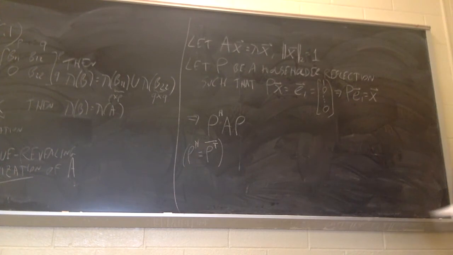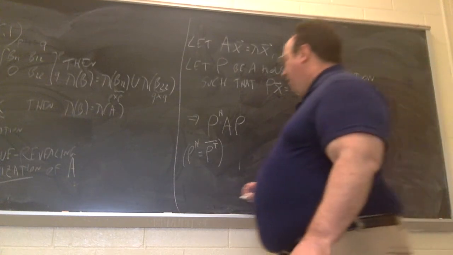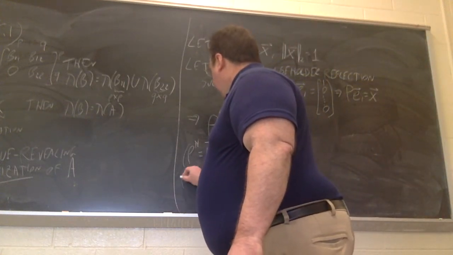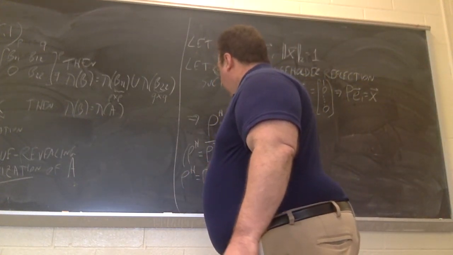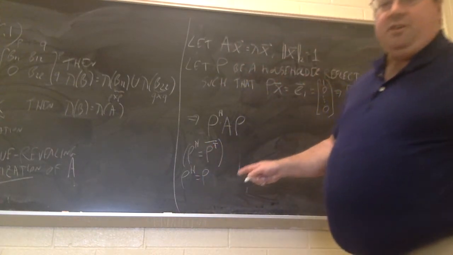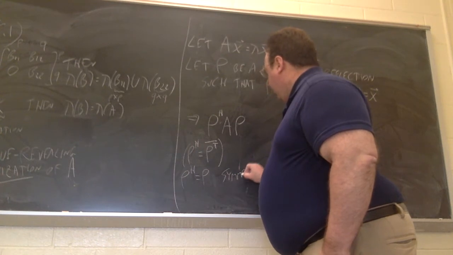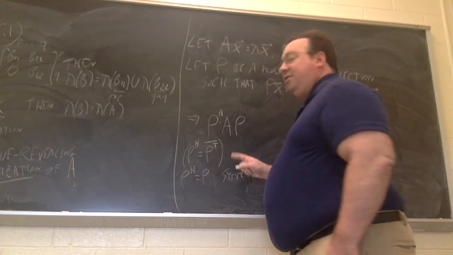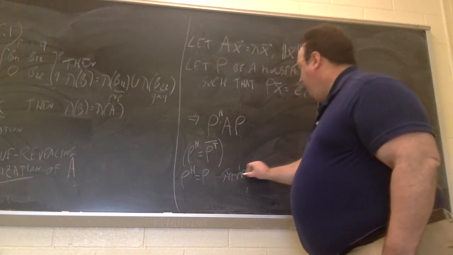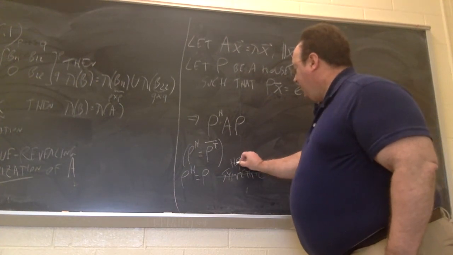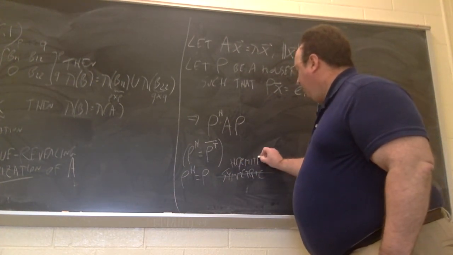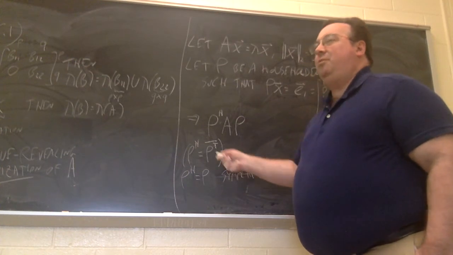So really, to be proper, I'm saying that P is equal to this Hermitian transpose. Now, if this is a real matrix, I would call it symmetric. But when it's allowed to be complex, the proper term is Hermitian, so we use the H.